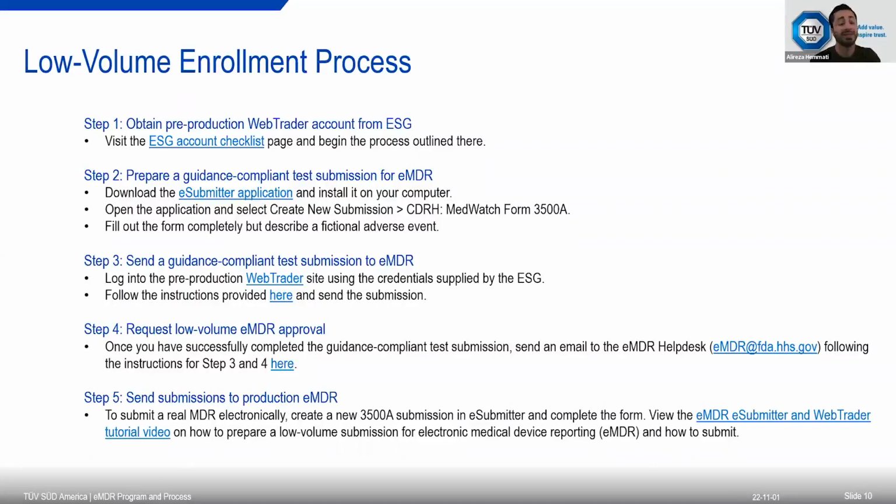Once you have successfully completed the guidance compliant test submission, you will send an email to eMDR help desk following the instructions provided in the website. And the last step is send the submissions to production eMDR. This is after you have received that approval, and then you basically send your event submissions individually as they come up.